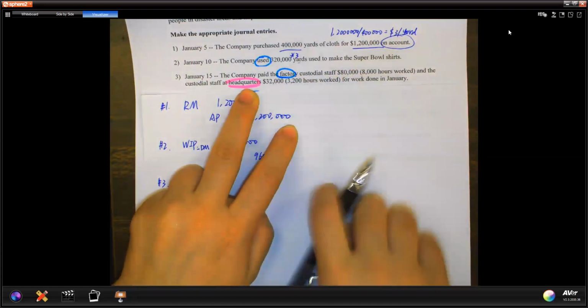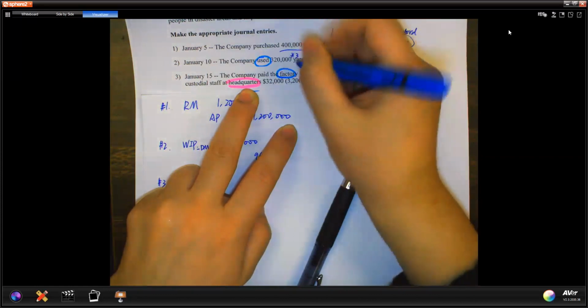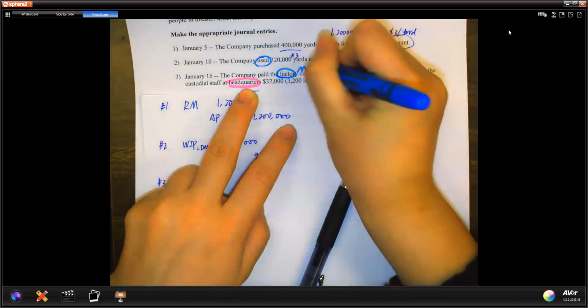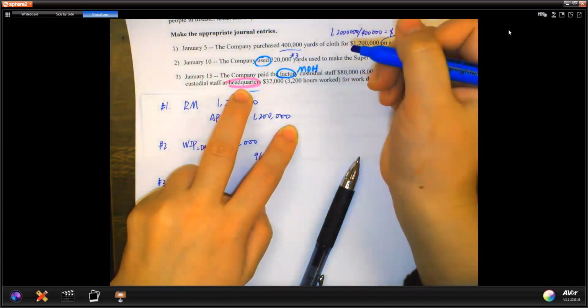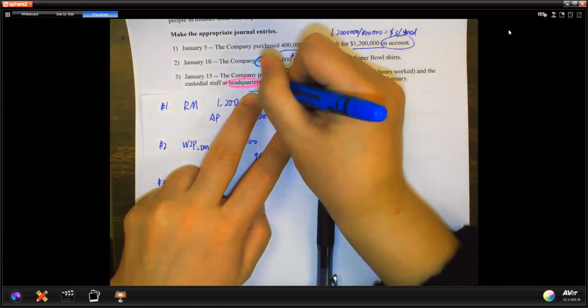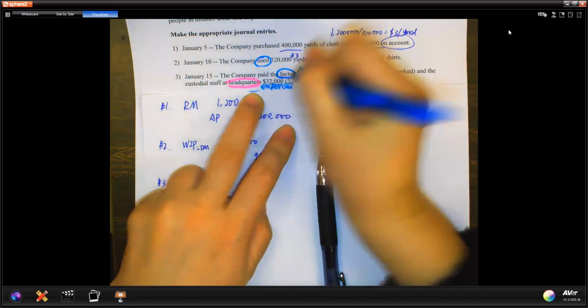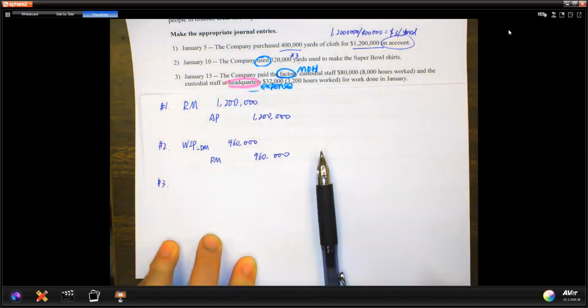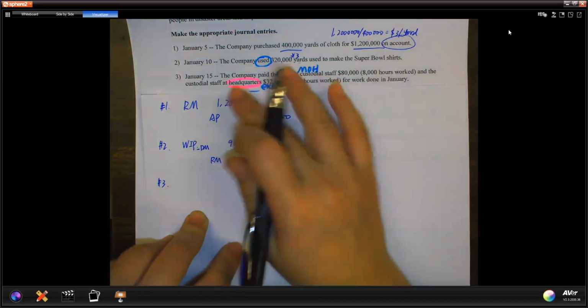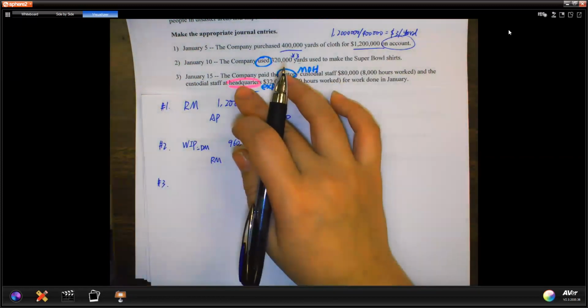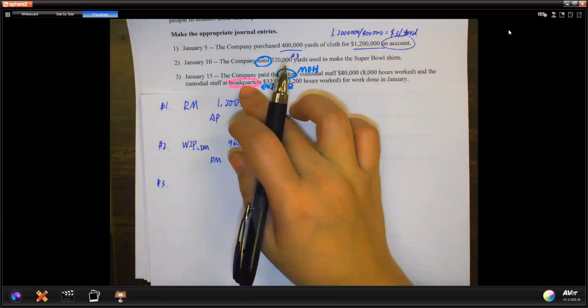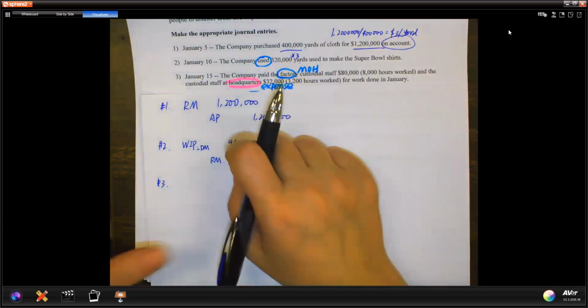If it's the factory, this will be your manufacturing overhead. If it's the headquarters, this is your period cost and will be expensed immediately. Although they are all your staff and you pay them, one works for the factory, one is headquarters, so they have different accounts.